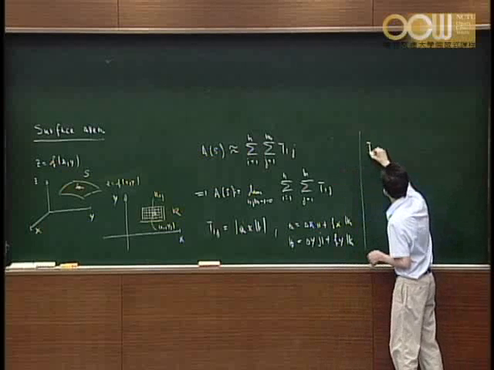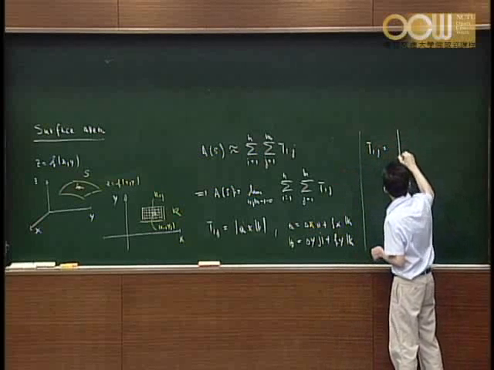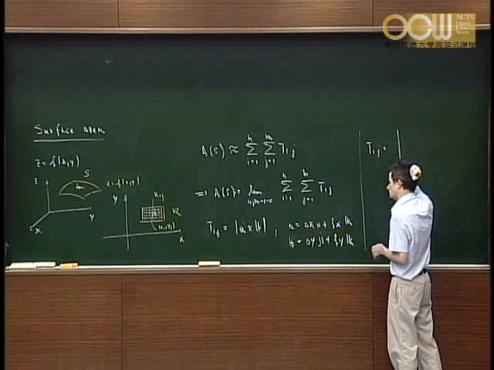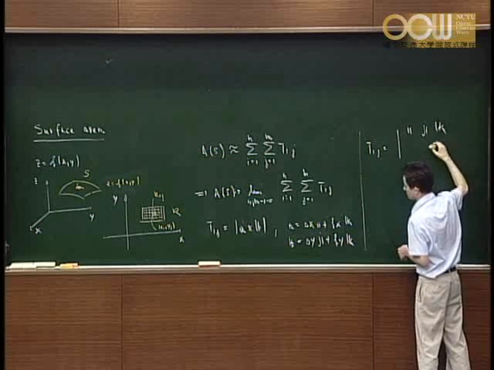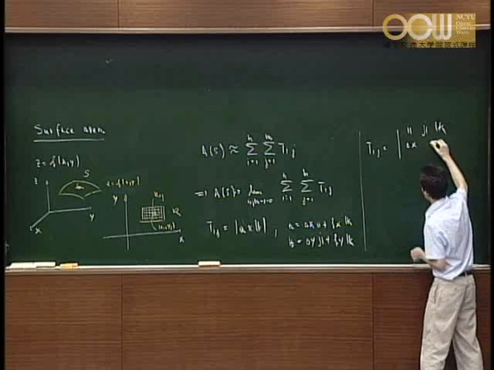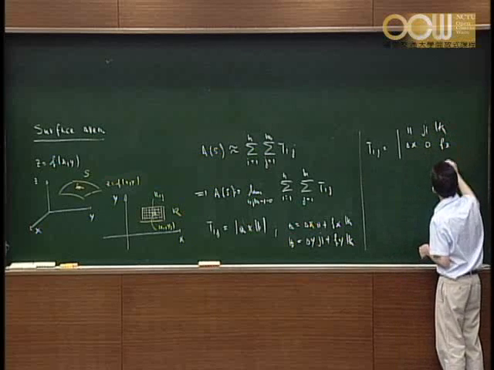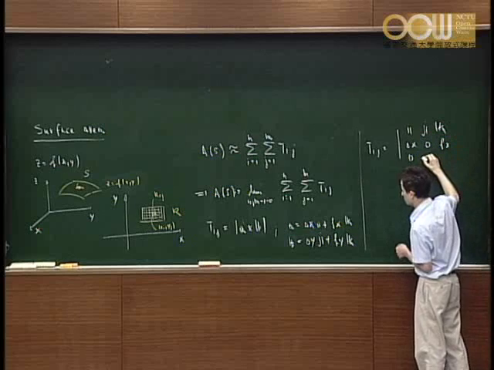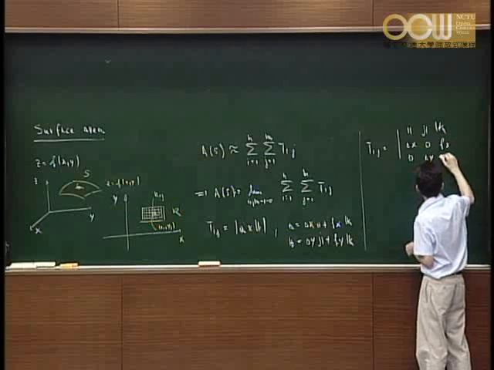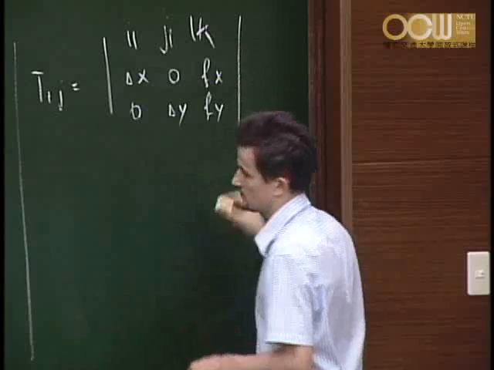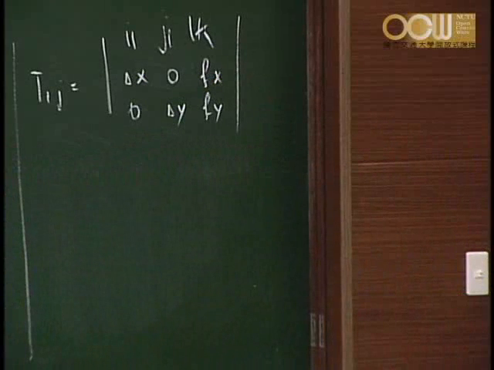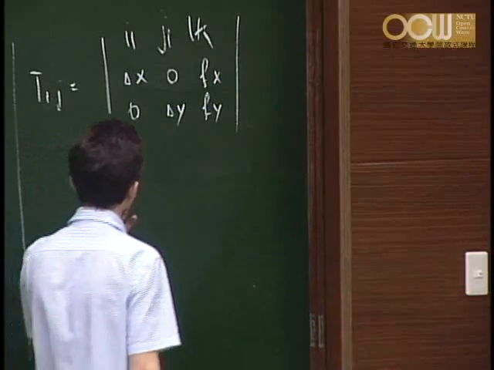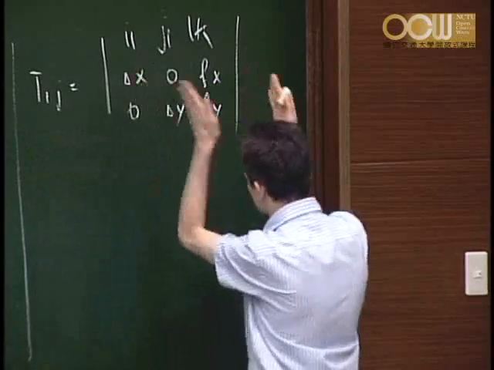So Tij, we know this is just the determinant of i j k, and here we have delta x, 0, the partial derivative with respect to x, and here we have 0, delta y and the partial derivative with respect to y. Because we know that the vector product is given by the determinant of this matrix.